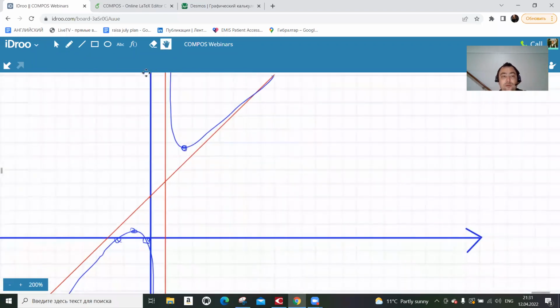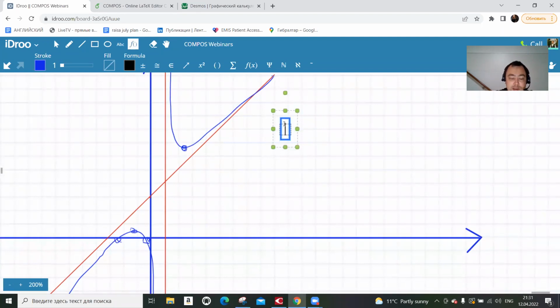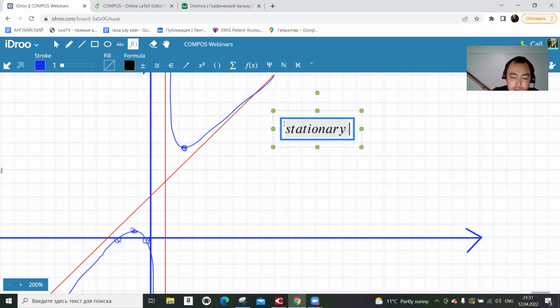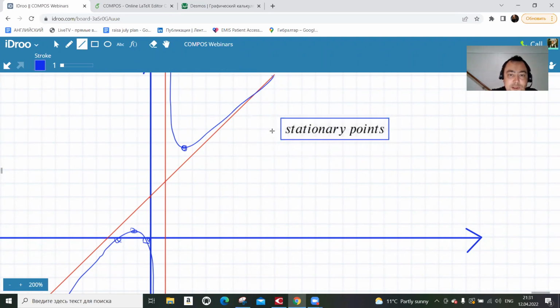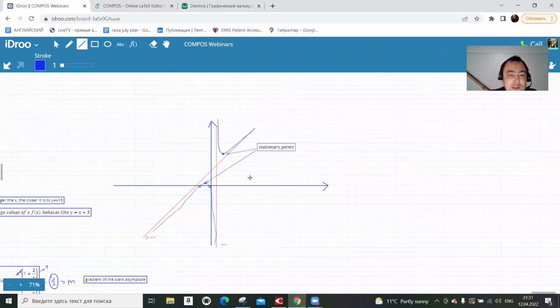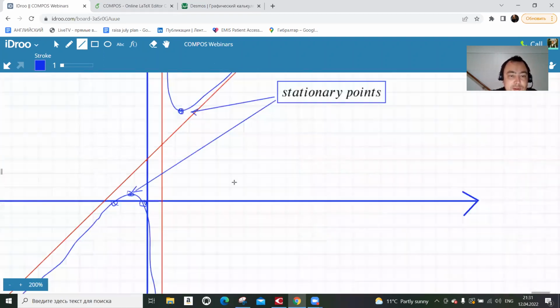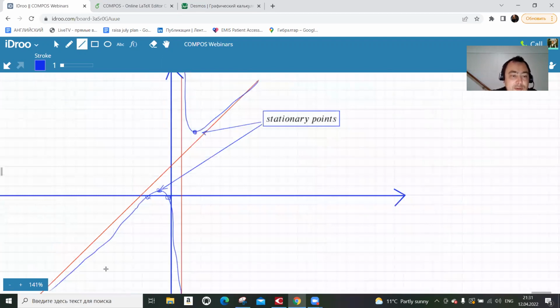But once you do these, so stationary points, here, these are the stationary points. Then there are no points of inflection here, but you do have the zeros.